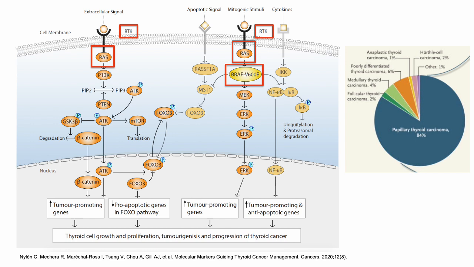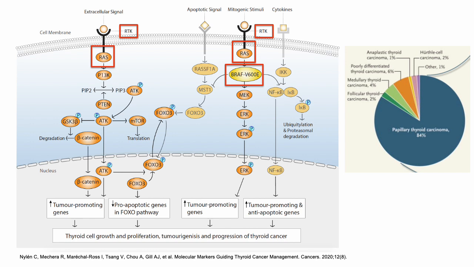Some of the mutations have weaker oncogenic potential, especially RAS, so that is also seen in thyroid adenomas, whereas others, such as the BRAF mutation, have a higher level of oncogenic transformation, so that they're not generally seen in benign nodules.